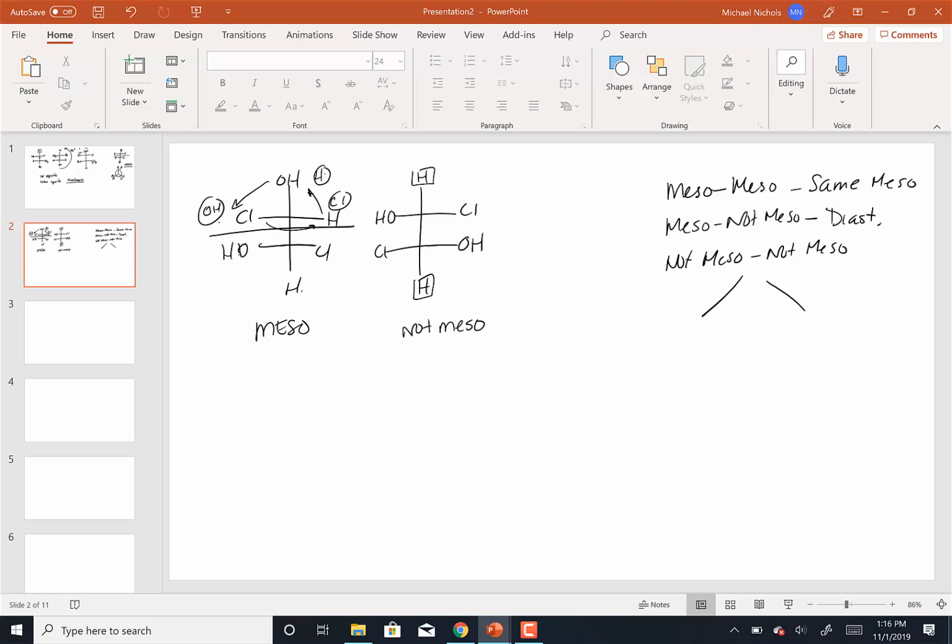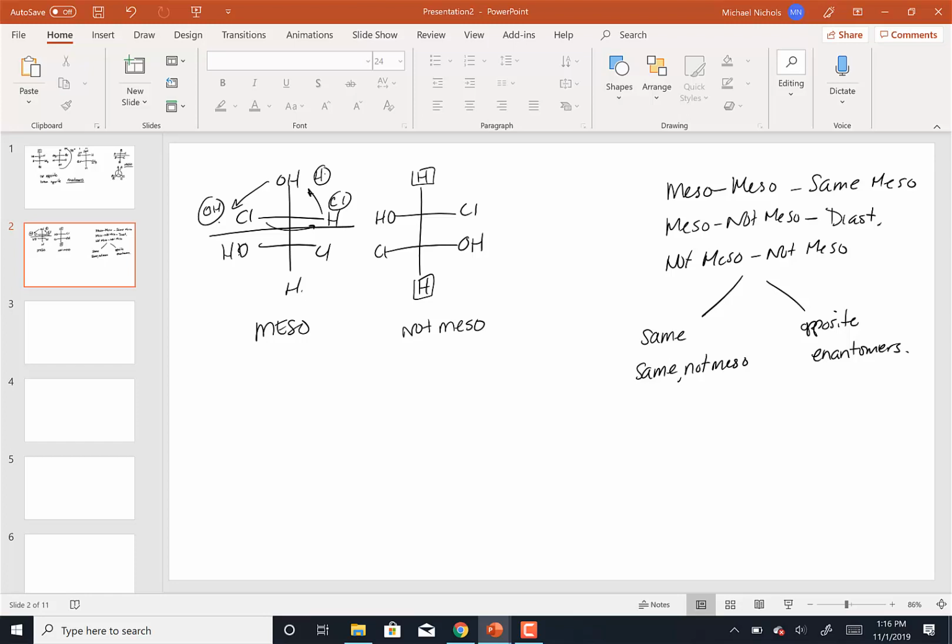What if both chiral carbons have the same configuration? Then they're the same molecule, but we've already determined they're not meso, so it becomes same, not meso. What happens if they both have opposite configurations? That's the enantiomeric pair. So then they're enantiomers.